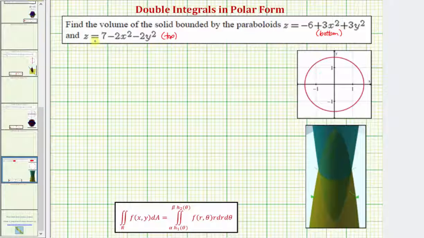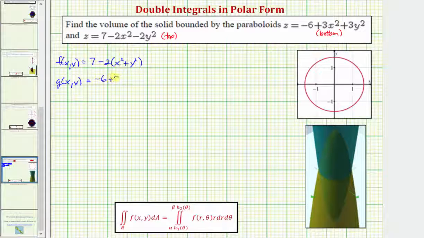So let's first write z in polar form. So we can call this f of x comma y is equal to 7. Now let's factor out the common factor of 2 here. So we'll have minus 2 times the quantity x squared plus y squared. And we'll call the bottom function g of x comma y, which we'll write as negative 6. Let's also factor out the 3.